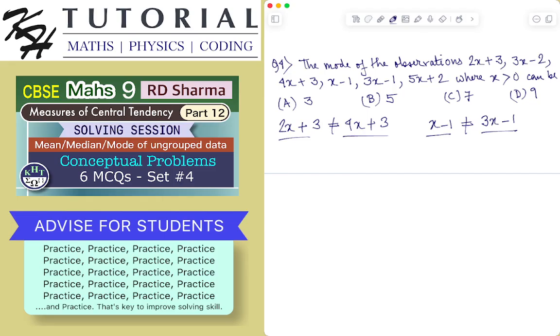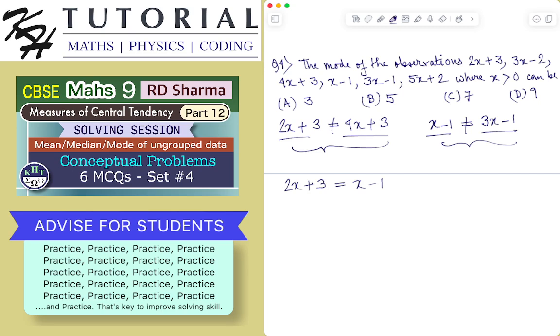Now can any observation of these two be equal to any observation of these two? Can 2x plus 3 be equal to x minus 1?